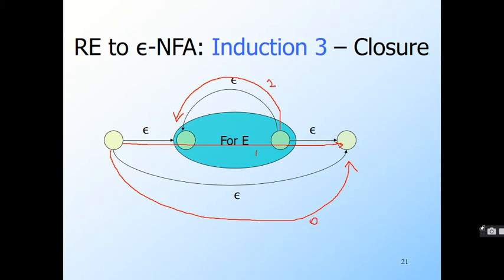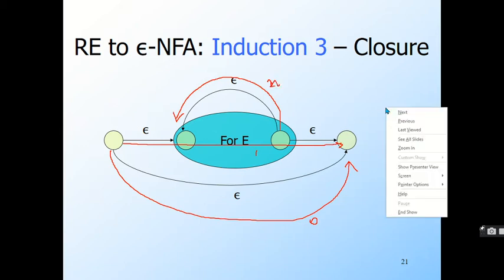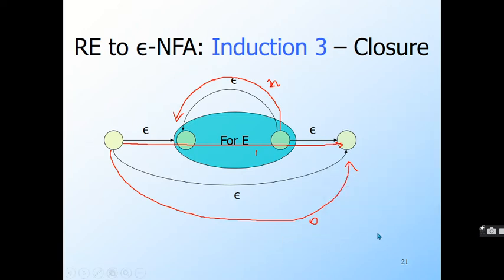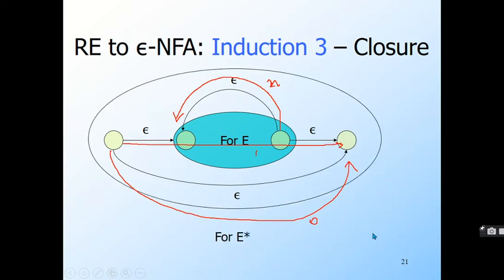So these three possibilities are represented using Thompson's construction for representing the Kleene closure.